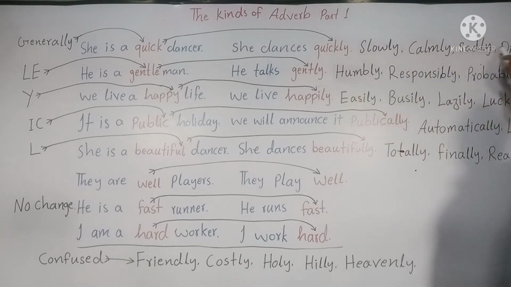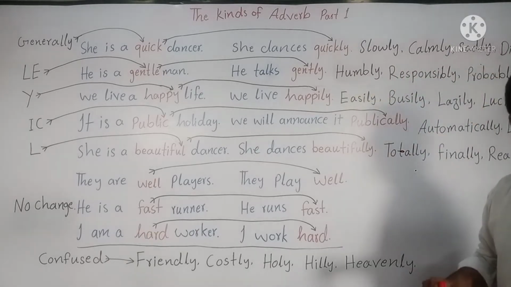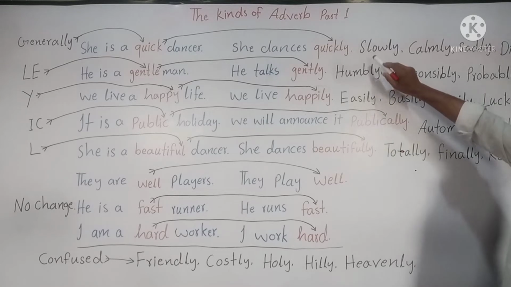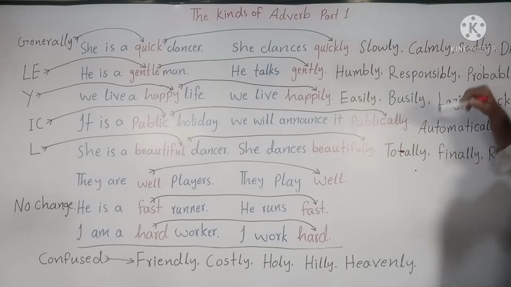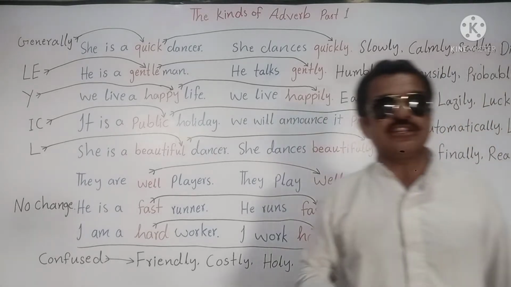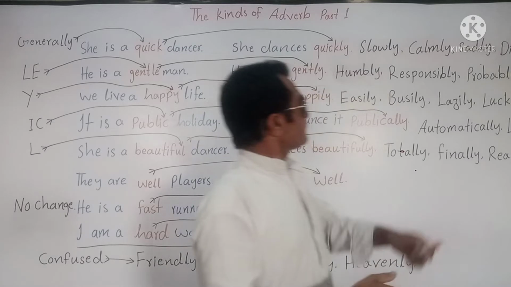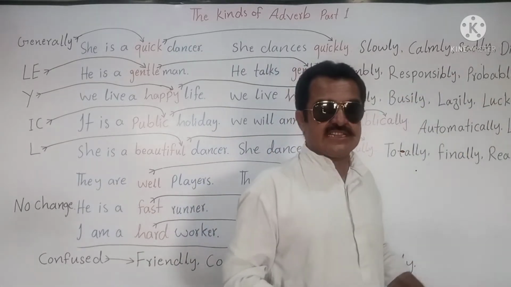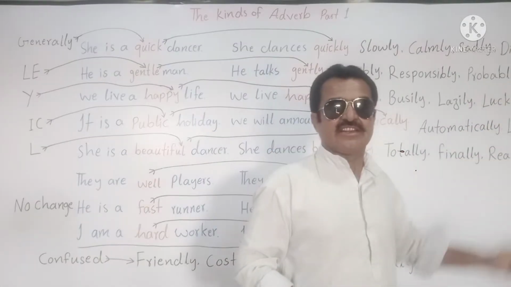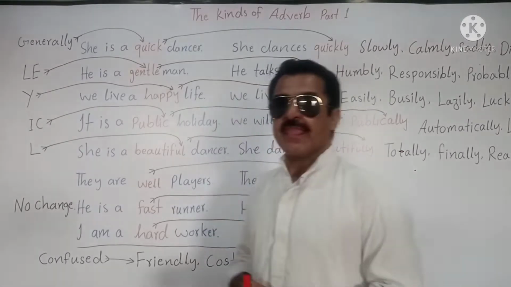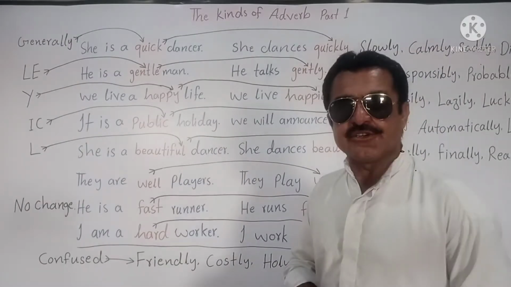And here I have written a few extra words for you to understand. The adjectives that I have made adverbs: slow, slowly, calm, calmly, sad, sadly, direct, directly. Okay, so now let's go to the second rule.